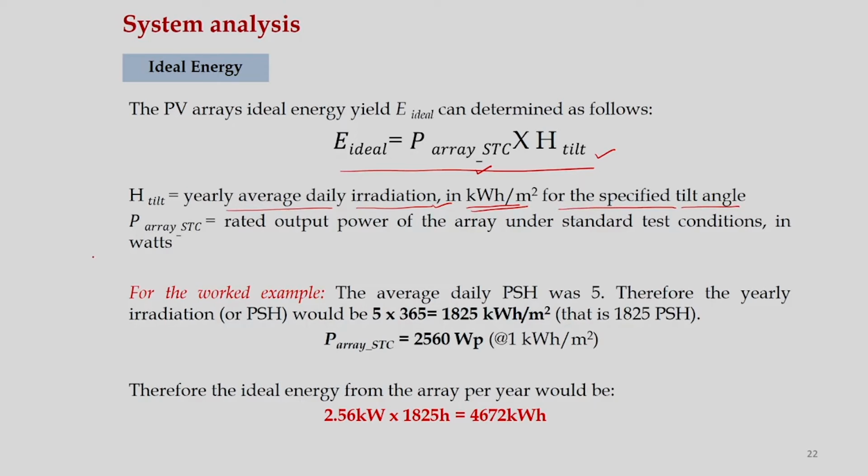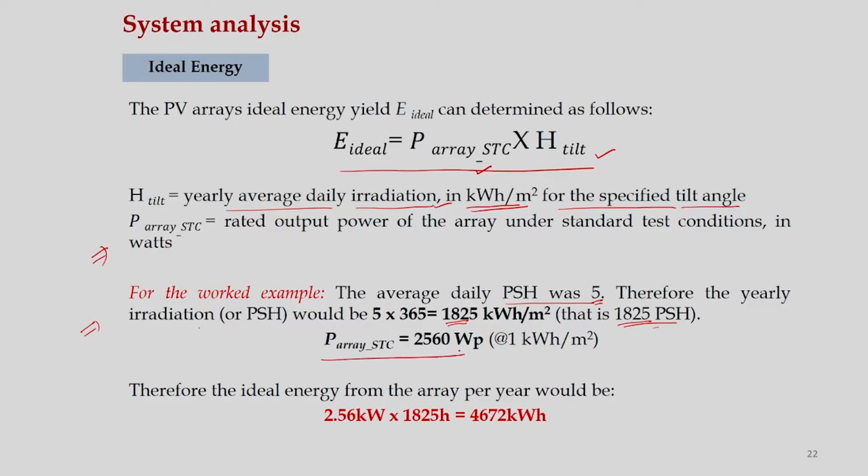And already we know P array STC is the rated output power of the array under standard test condition. In this problem, if we consider PSH, peak sun hour, is 5 hours, therefore the yearly irradiation would be 5 into 365, which is nothing but 1825 kilowatt hour per meter square. That means 1825 peak sun hour.